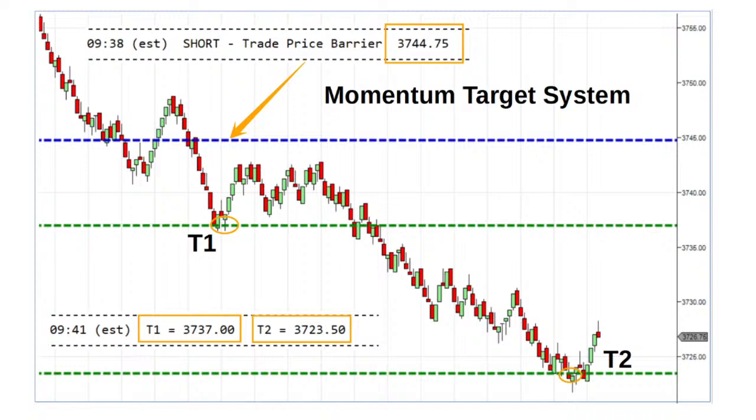Target 2, same thing. Look how we ran down there and hit that target. That's right where the market bounced off of. So you're going to find that as you watch the momentum system, you may be amazed at the accuracy of the targeting. We tend to run right into those targets and hit those on a dime. Okay, let's take the next slide.